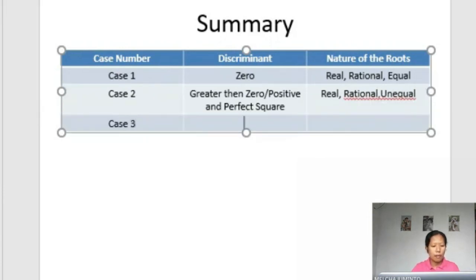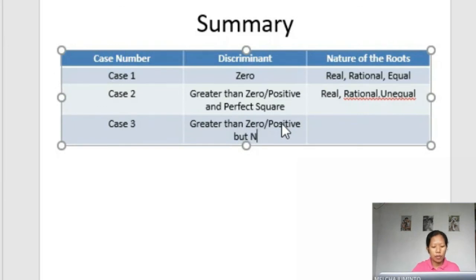Case number 3. If the discriminant is greater than 0 again, meaning a positive number, but not a perfect square, the roots are still real, but irrational and unequal.